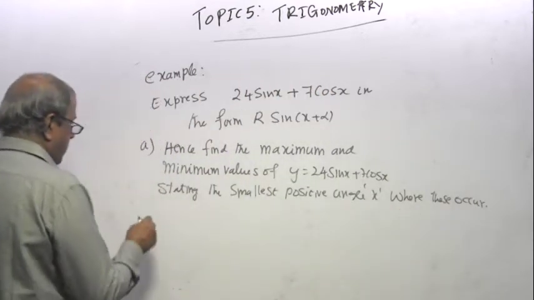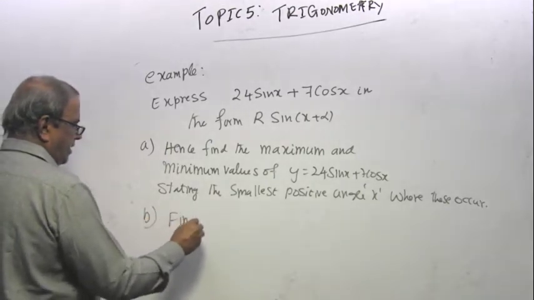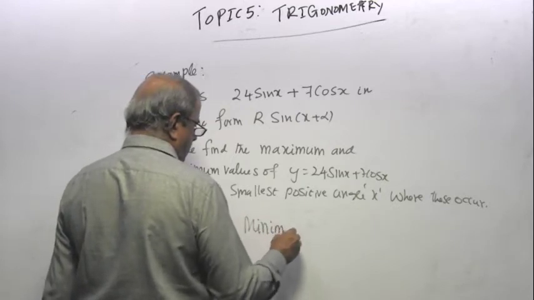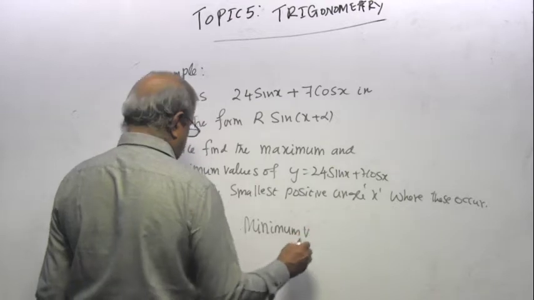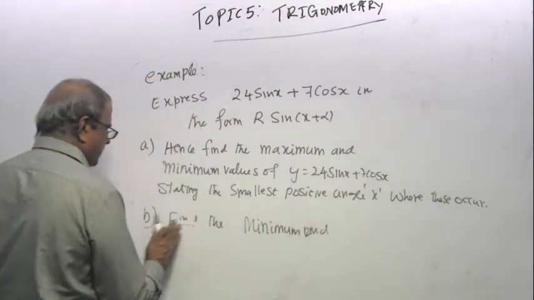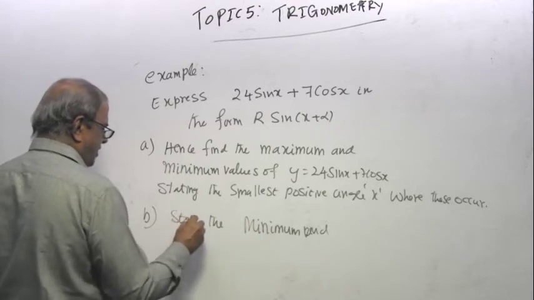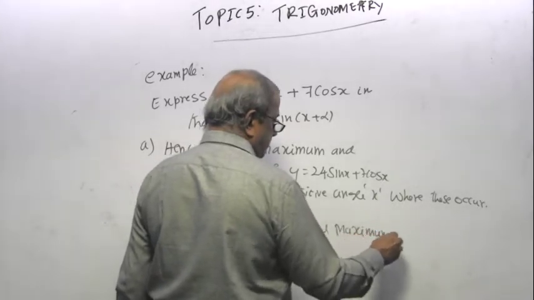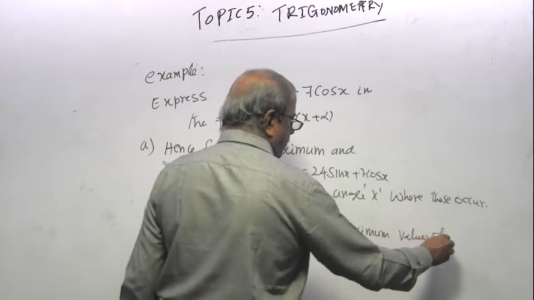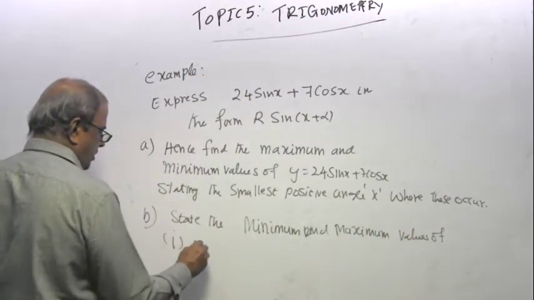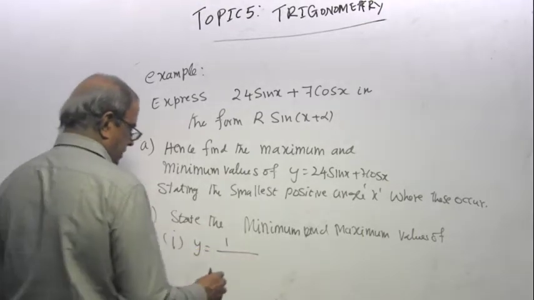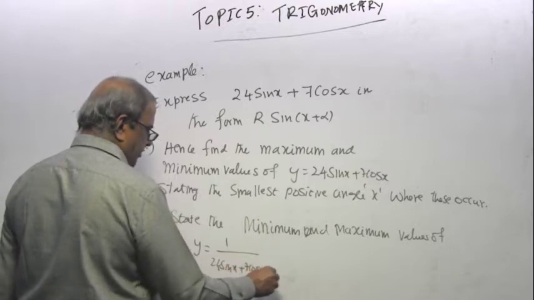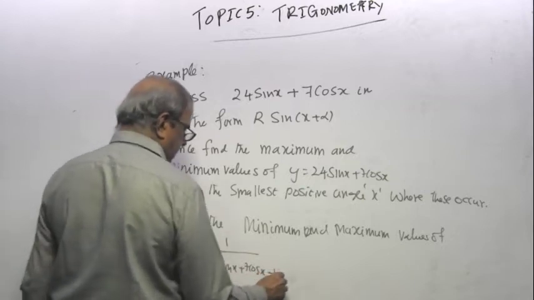Part B: find the minimum and maximum values of y equal to 1 over (24 sin x plus 7 cos x minus 10).